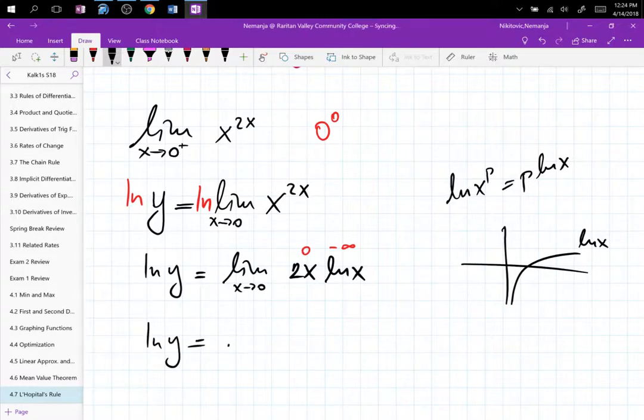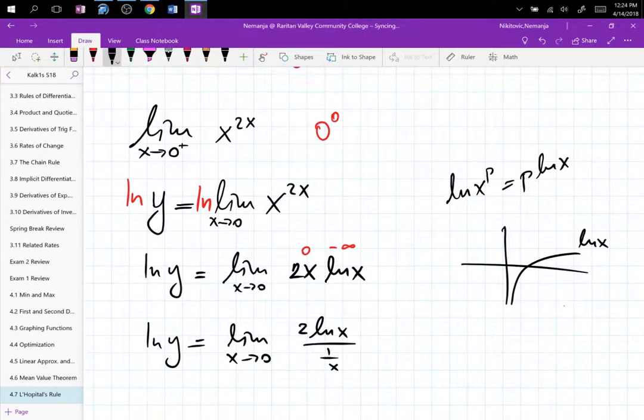So ln y is equal to the limit as x goes to 0 of ln x on top, and on the bottom, 1 over 2x. I'm going to leave this 2 with the ln.